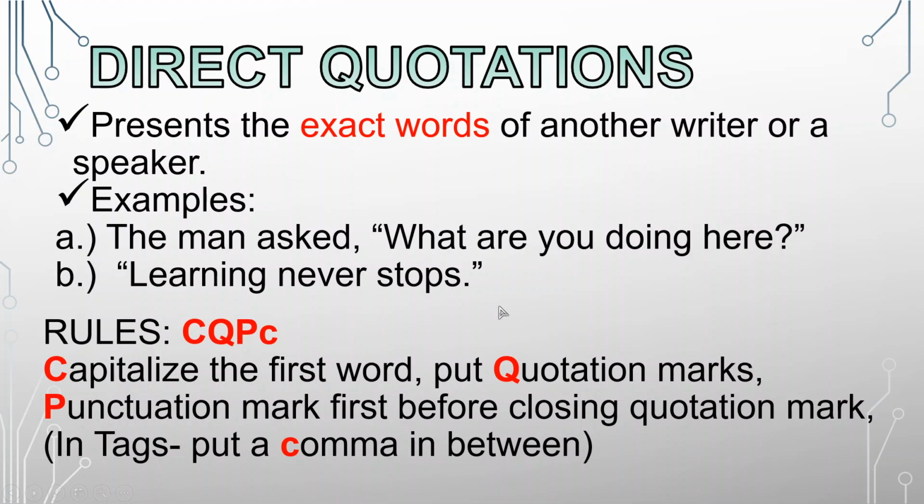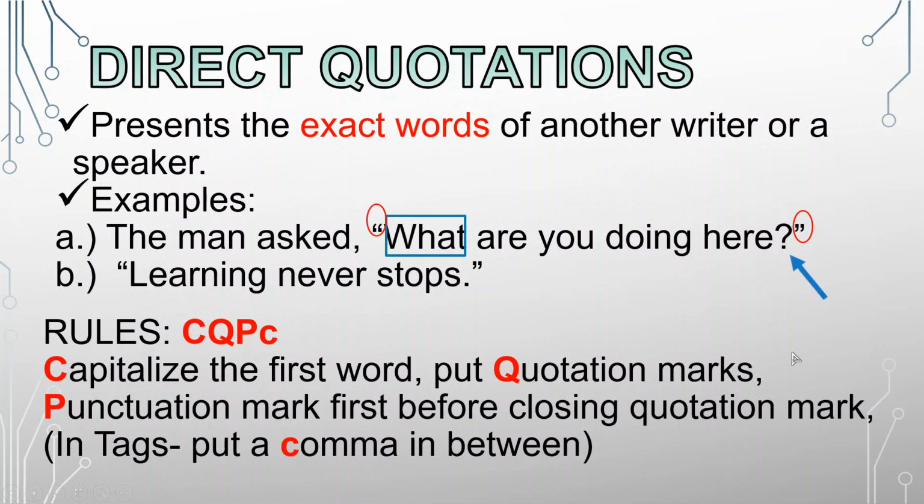Let's check if these 2 examples are following these rules. Do we capitalize the word what? Yes, that's correct. Let's go to the quotation marks: put the open and close quotation marks. We have the open here and the close quotation marks. Correct. Punctuation mark first before the closing quotation mark.